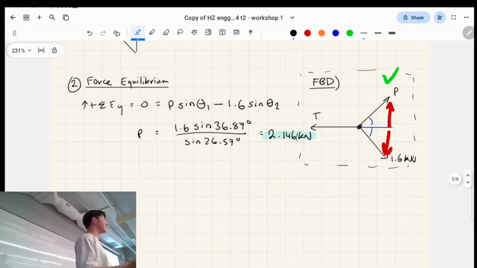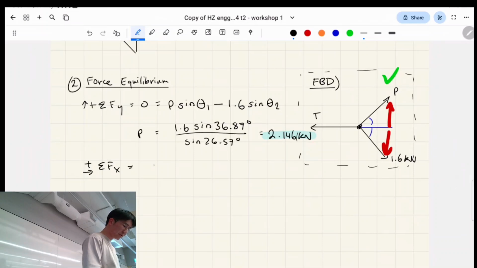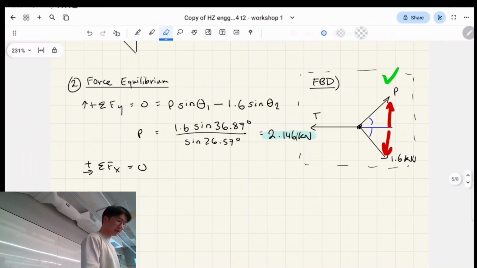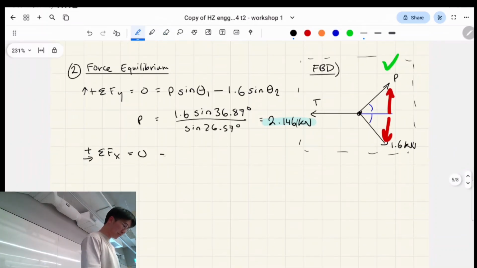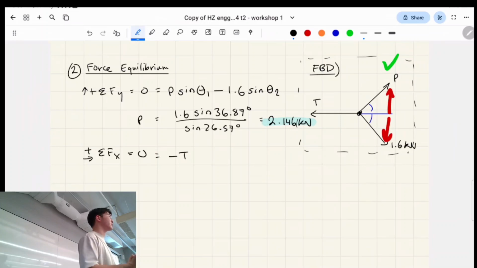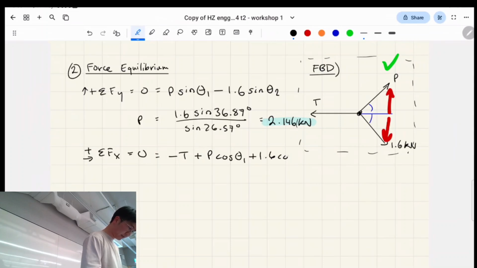Great. So now, when we take the sum of the horizontal forces, right? Previously, if we took the sum of the horizontal forces, we would be left with two unknowns, yeah, tension and the pulling force. Now, since we know the pulling force, it's going to look like this: negative T, because it's not a diagonal arrow, it's entirely in the horizontal direction, so we're not going to deal with angles for this force, right? P cos theta 1, P cos theta 2.